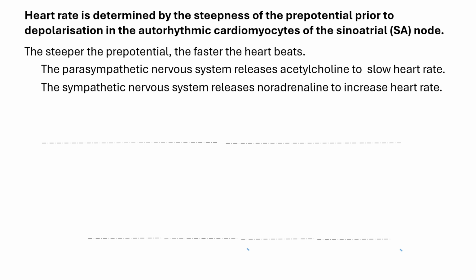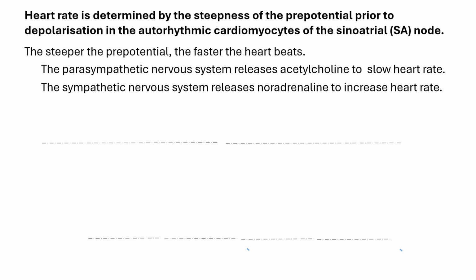This is governed generally by the autonomic nervous system. The parasympathetic nervous system generally dominates. This is known as vagal tone, because the intrinsic rate at the SA node is 100 beats per minute. If we had that rate all the time, we'd probably have heart failure very quickly.